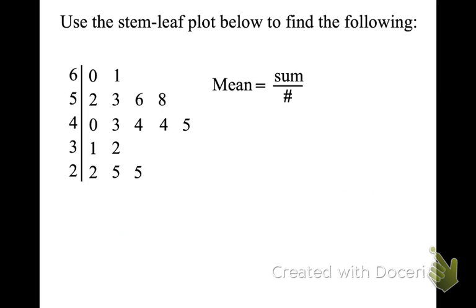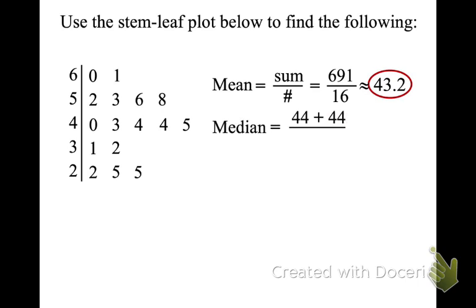So our mean is 691 divided by 16, so it's about 43.2. My median, again, I wouldn't cross cancel. I would just start from the lowest number to the highest number. Right? 3, 3, 4, 4, 5, 5, 6, 6.